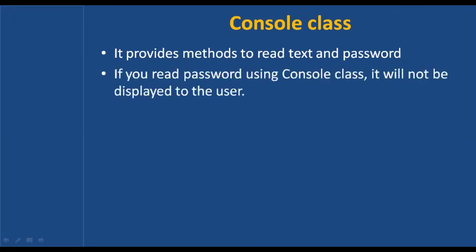If you read passwords using the Console class, they will not be displayed to the user. Whatever you type on the console will not be displayed. One more thing: this Console class is not supported by IDEs like NetBeans and Eclipse. It is supported only in terminals, in the command prompt.